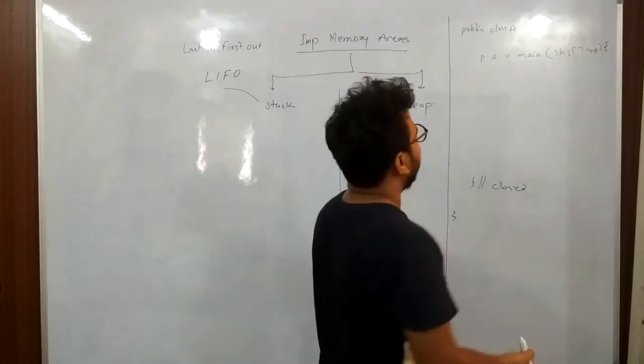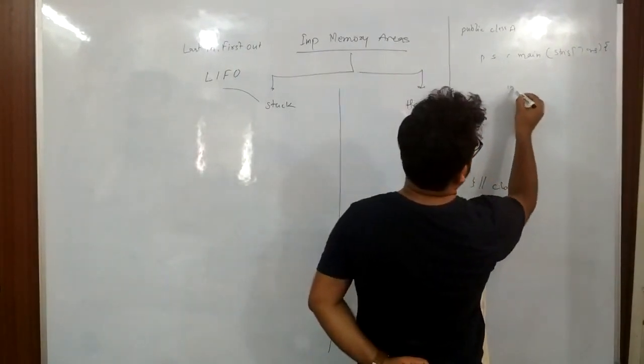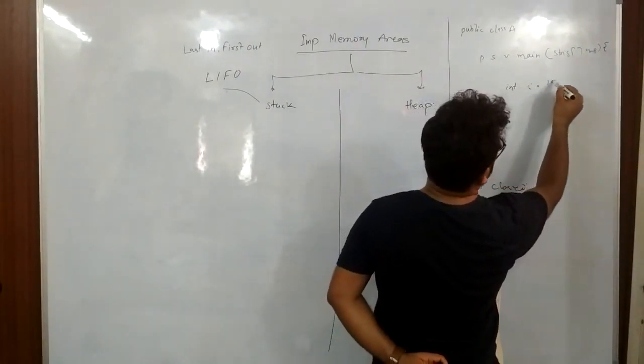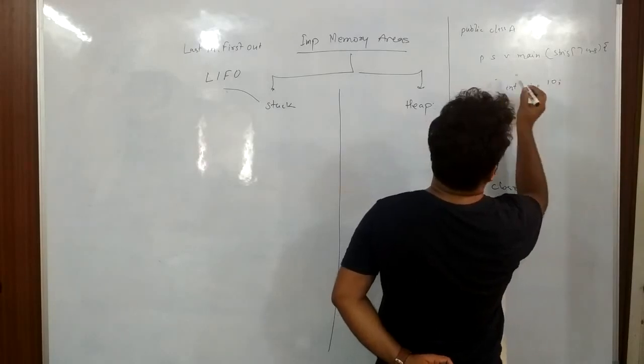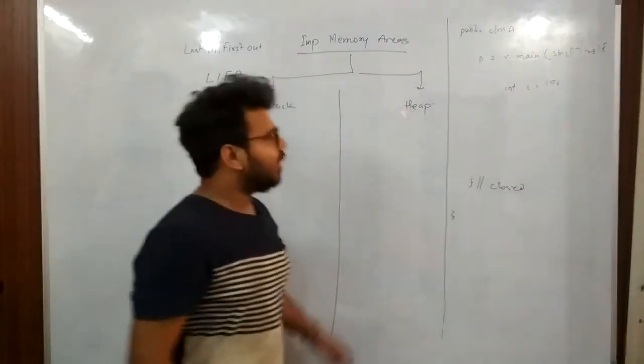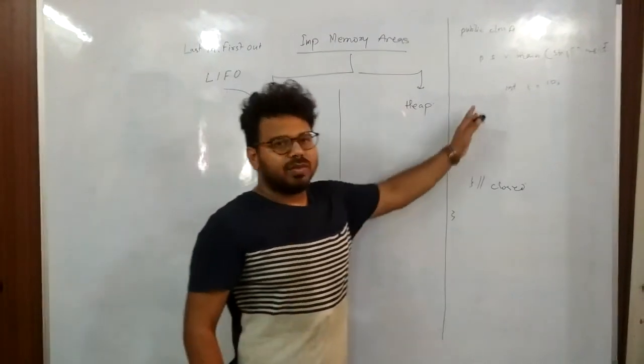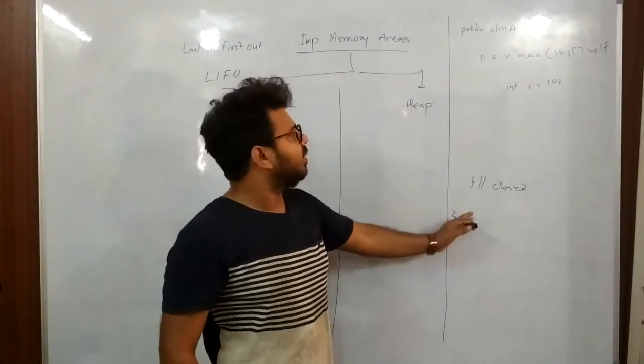And inside it, suppose we have an int variable, that is int i = 10. Now let us understand what happens when the compiler compiles, and then when we run this application.